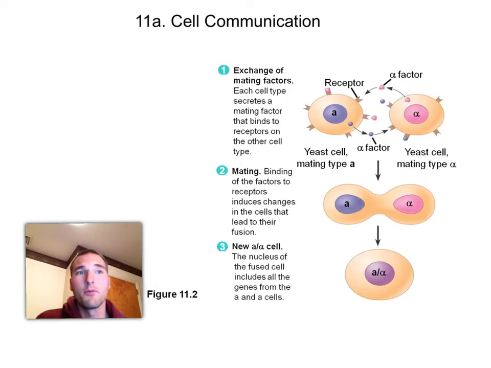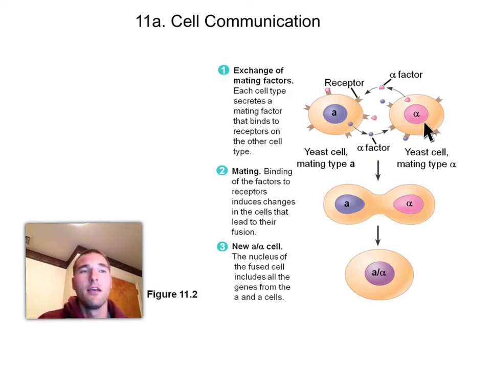They give this example of yeast cells. This was one of the early studies on how communication happens between different cells. Yeast cells can reproduce sexually, where they transfer genetic material and join genetic material, and here they have two different strains of yeast labeled, an A and an alpha yeast.